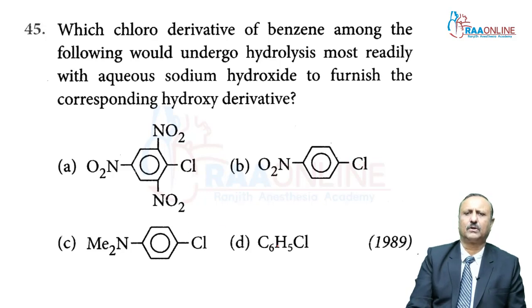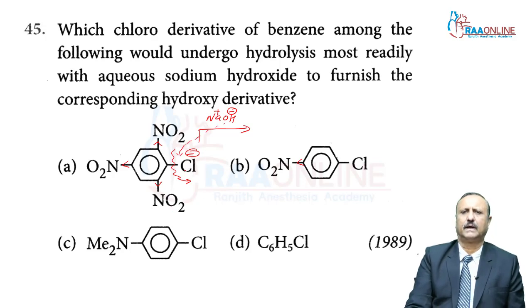Here you can see the NO2 group is an electron withdrawing group, and this electron withdrawing group increases the reactivity of this benzene ring, and this Cl minus ion easily goes into the solution. And when this reacts with sodium hydroxide, NaOH, then OH minus ions attach to this carbon atom and you get phenol.